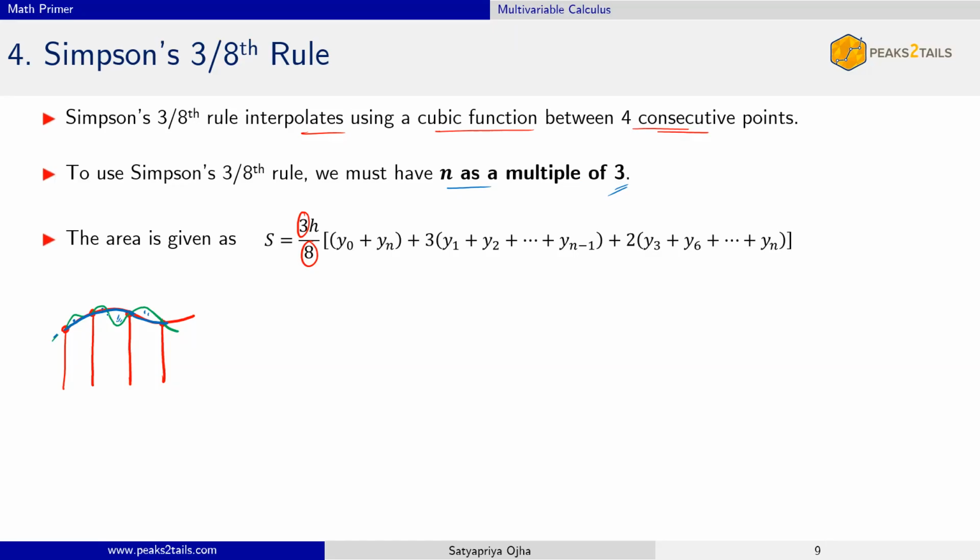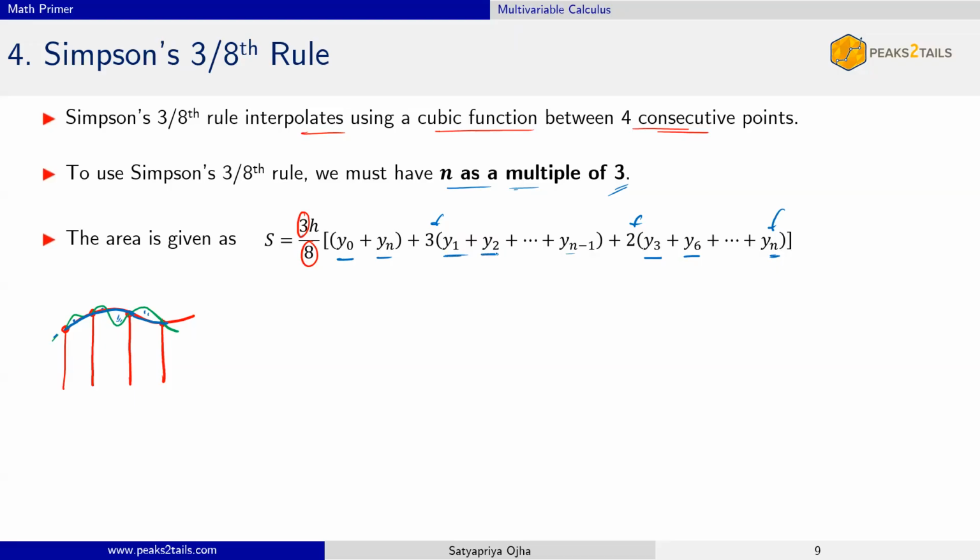1 point is shared, right? And if you look at the final formula, we have 3h by 8, y0 plus yn. They have the same coefficient of 1. All the multiples of 3, and this last one is also a multiple of 3 because n is a multiple of 3, all the places which are multiples of 3 receive a coefficient of 2. Everything else receives a coefficient of 3.